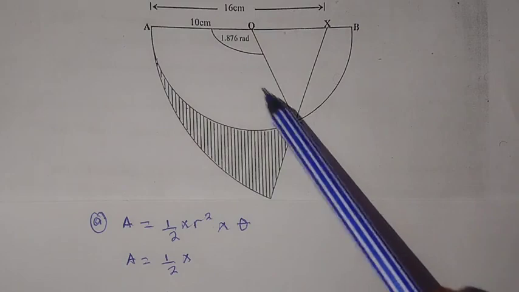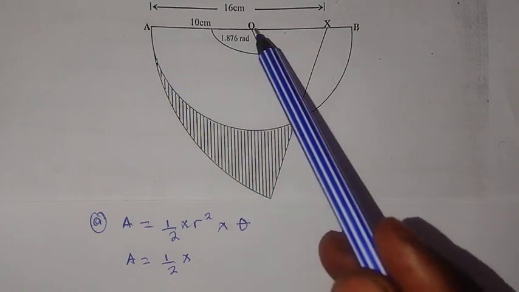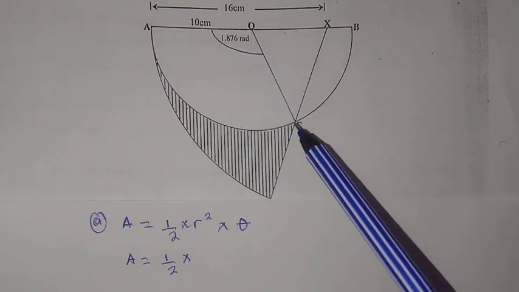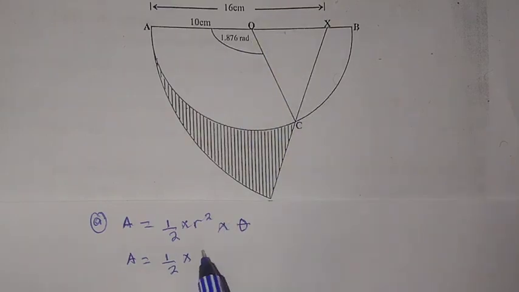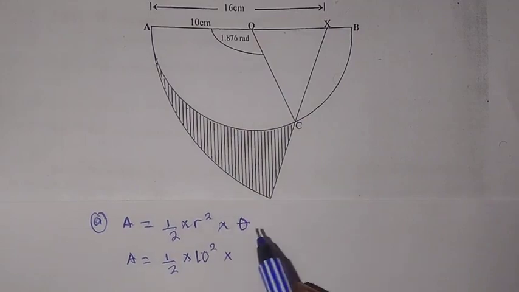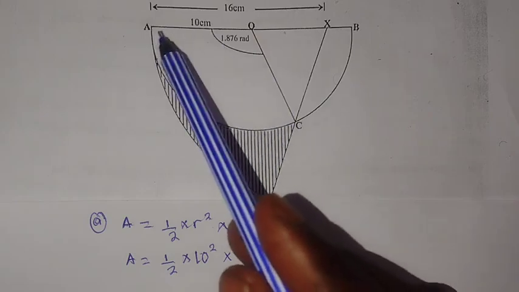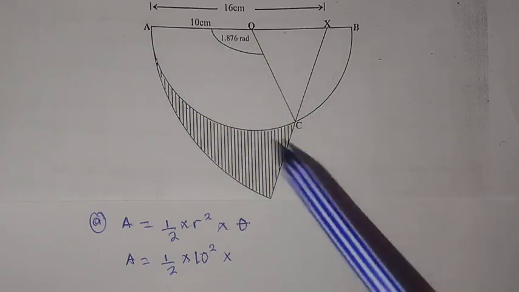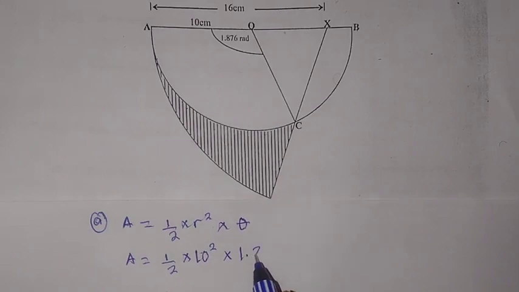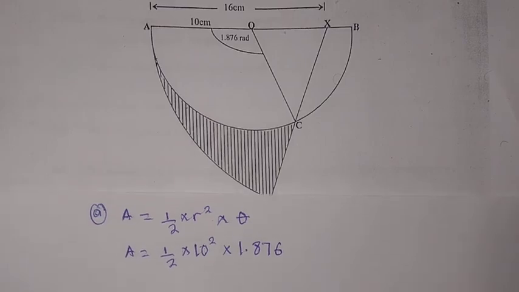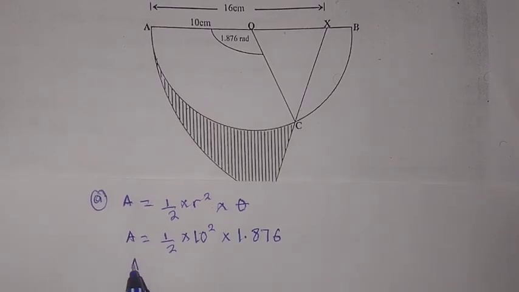So the radius, from A to O, is 10, or O to C, which is 10. So this will be 10 squared times theta, the angle in radian for AOC, this angle right here, which is 1.876.